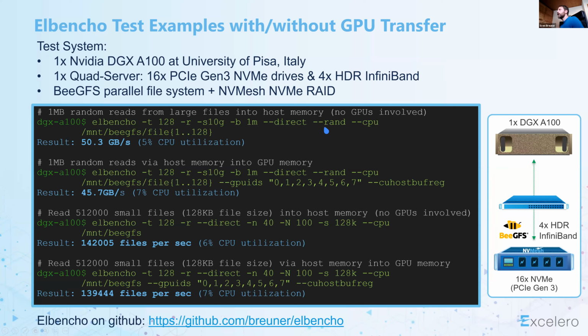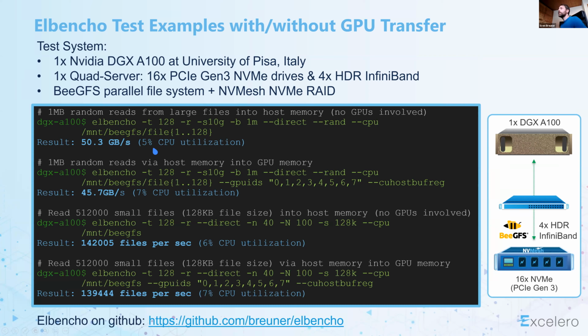Nothing is coming from the cache. We're doing random reads in these large files with 128 threads. And the throughput that we get here is about 50 gigabytes per second at 5% CPU utilization. That's for reading these large chunks into the host memory.